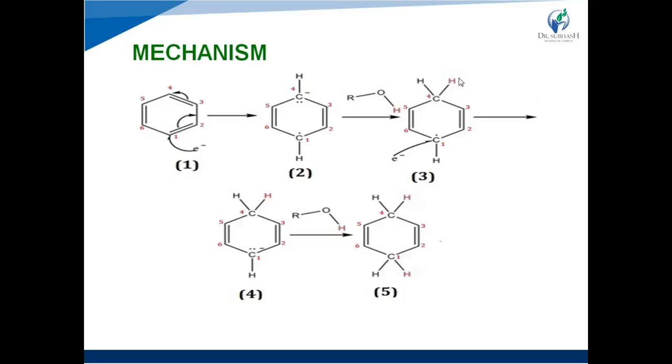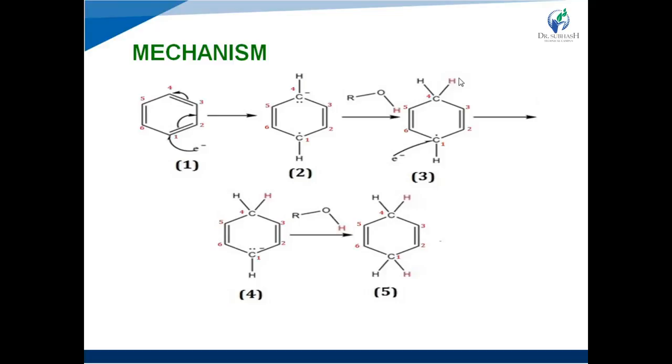This free electron pair makes a bond with H plus and causes the protonation or hydrogenation of this carbon. In short, it gets reduced and forms structure 3. In structure 3, at the fourth carbon a hydrogen atom is added. The red colored hydrogen atom is added from the alcohol molecule.